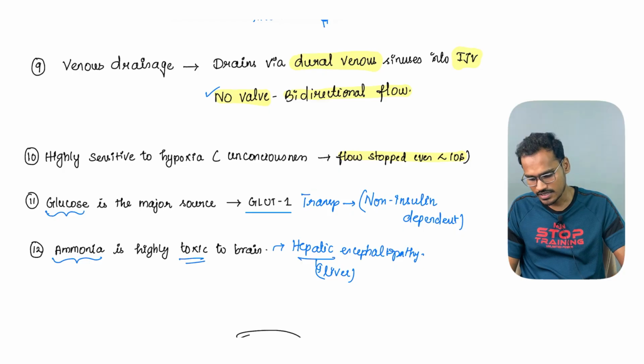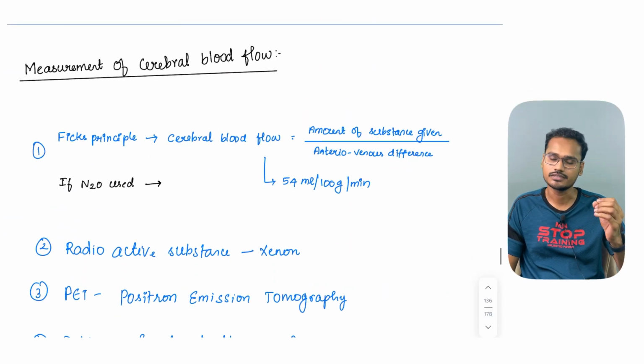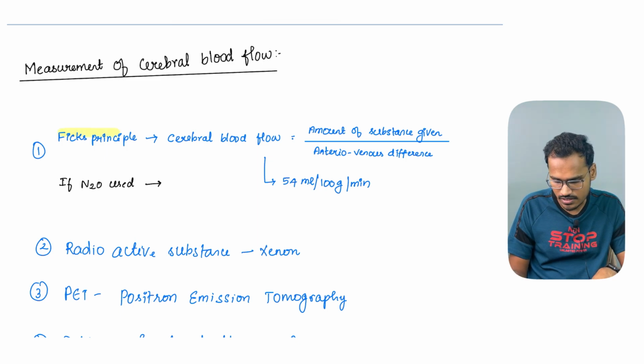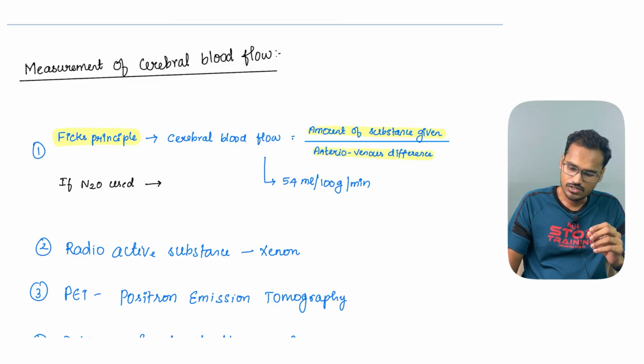Now we are going to discuss some of the techniques through which cerebral blood flow can be measured. In the cardiovascular system, I have discussed one principle called Fick's principle. It states that it is the amount of substance given or absorbed by a particular organ divided by the arteriovenous difference. So the formula is the same.